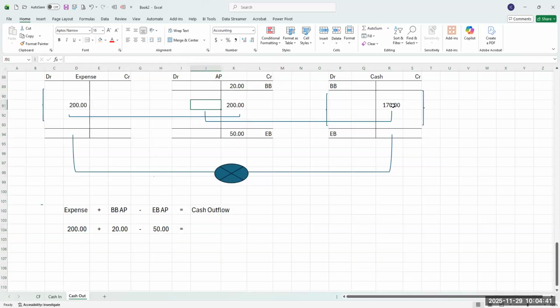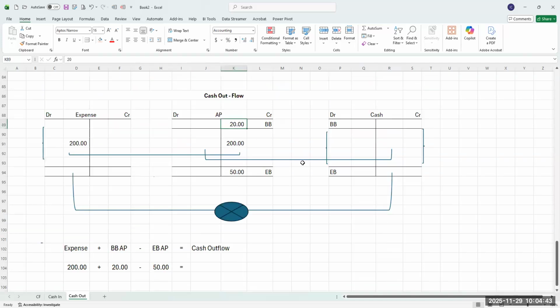The next scenario, let's mix it. Now, my beginning balance will be 70 and my ending balance will be 20. How much cash did I pay? $250. Why?